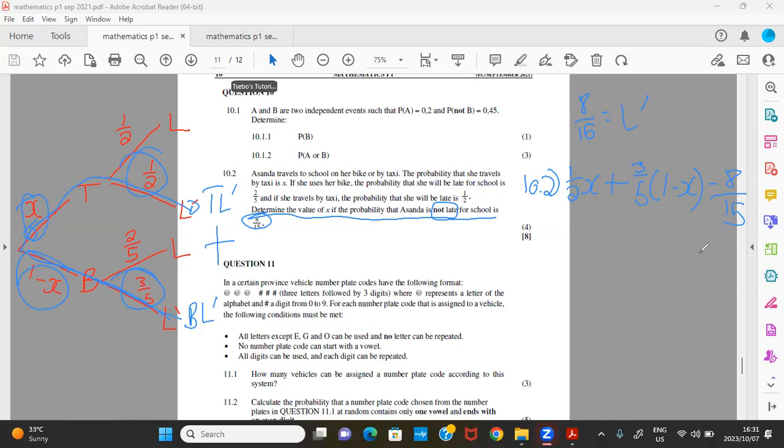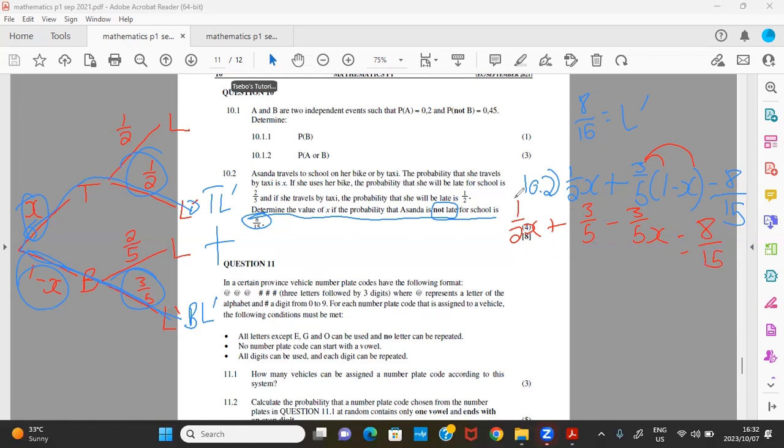Now it's a matter of going through everything mathematically and solving for x. We will have half x, plus, we distribute the 3/5, and it's actually a negative because positive times negative is negative, so it will be minus 3/5x, which equals 8/15.